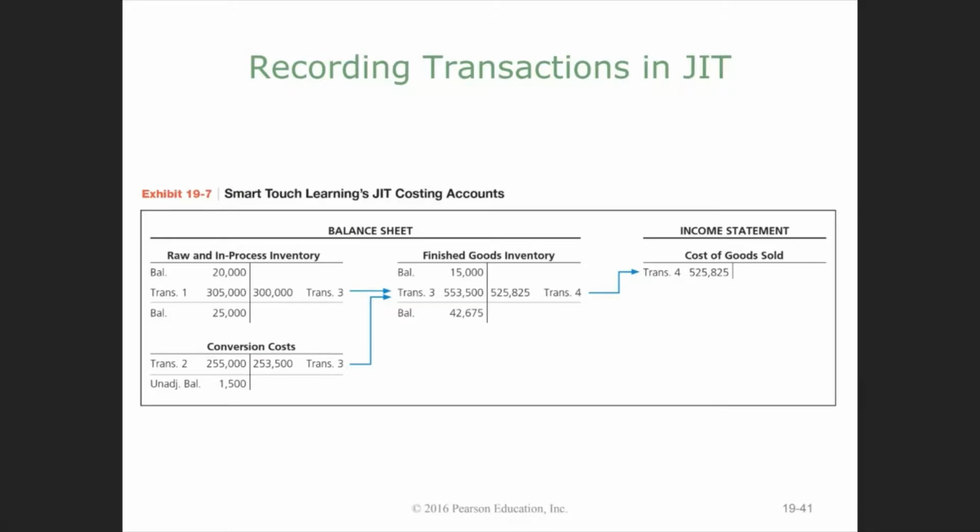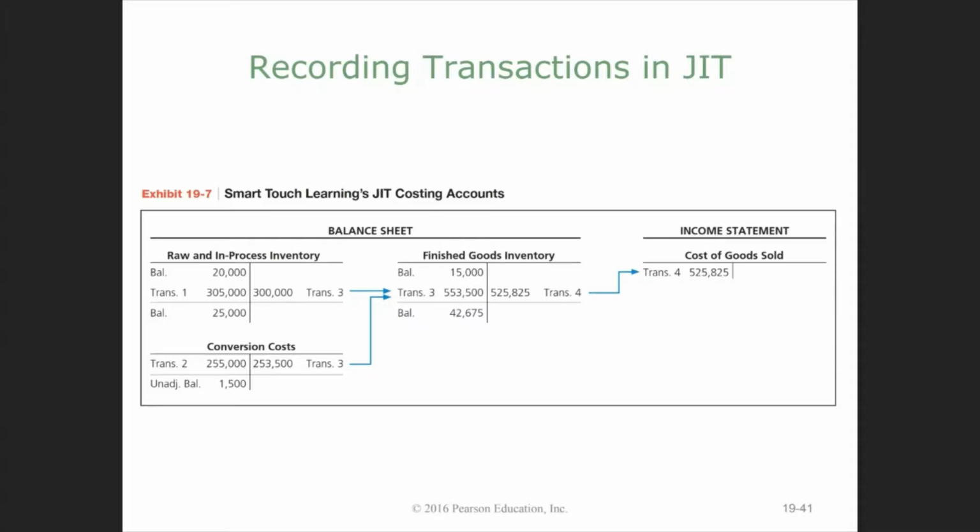So for raw and in-process inventory, this is just showing us, if we look back a few slides, we've got our raw and in-process inventory, beginning balance of $20,000, and then we had a transaction 1.